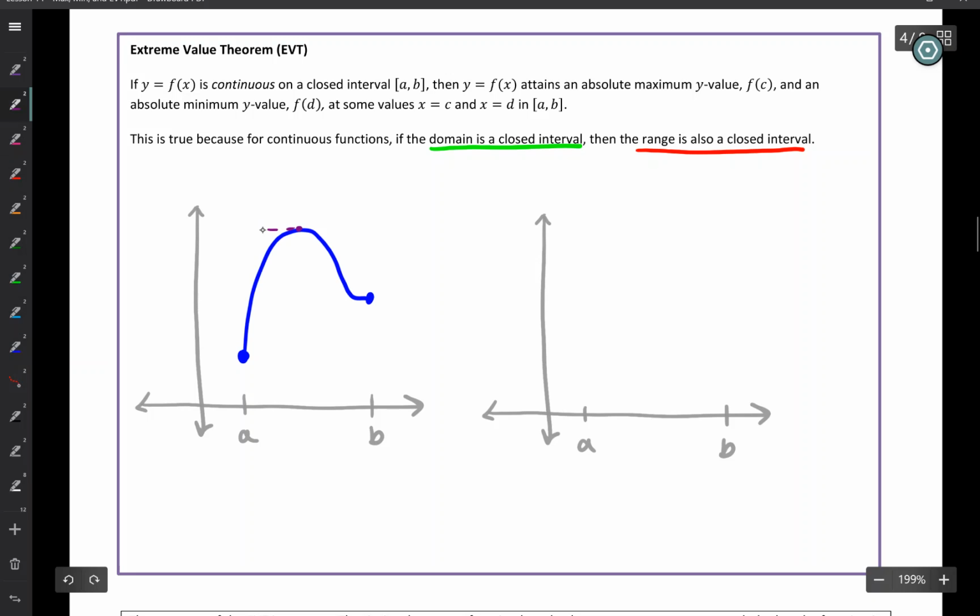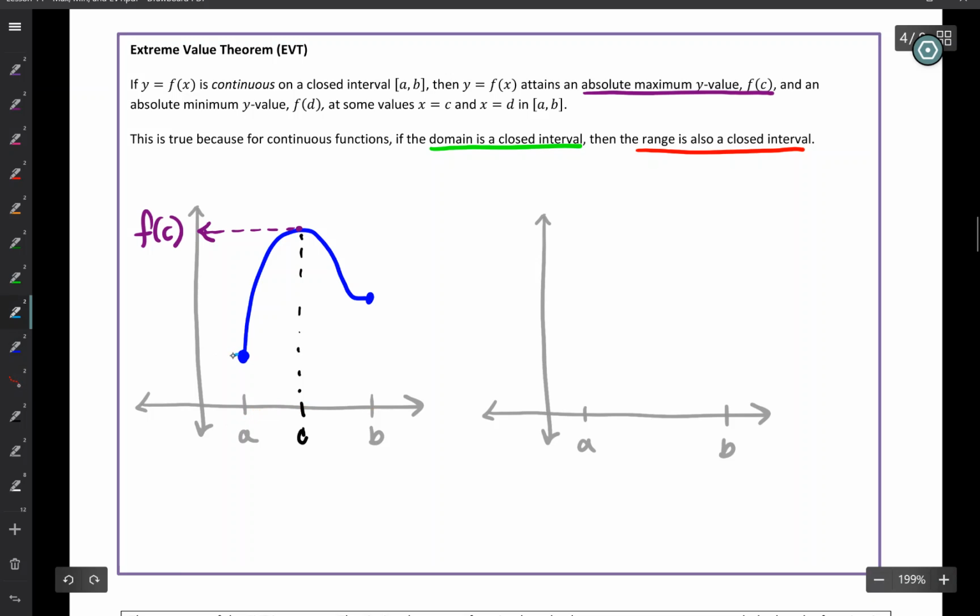There is an absolute, a global max, and that global max, this is C, global max is f of c, and c occurred in the domain in between a and b.